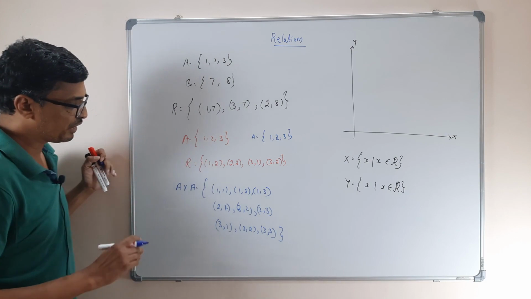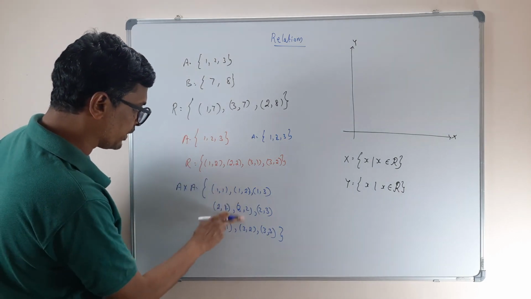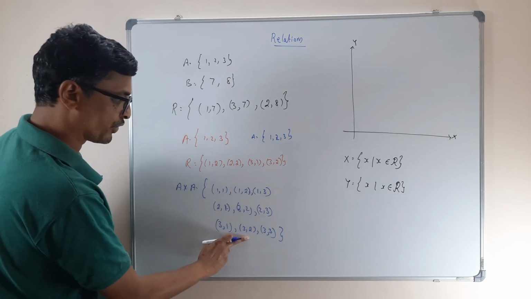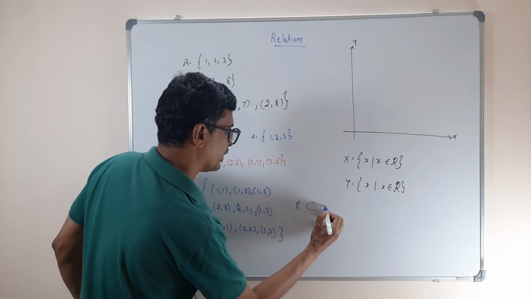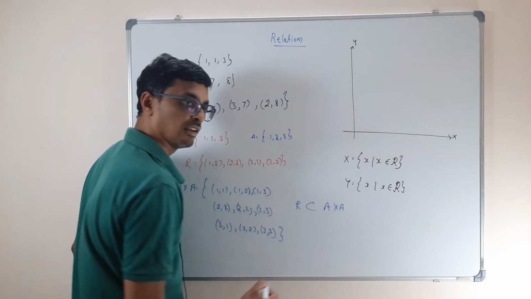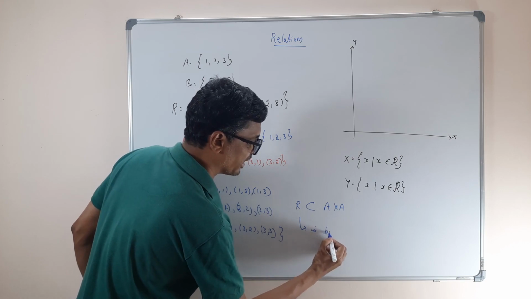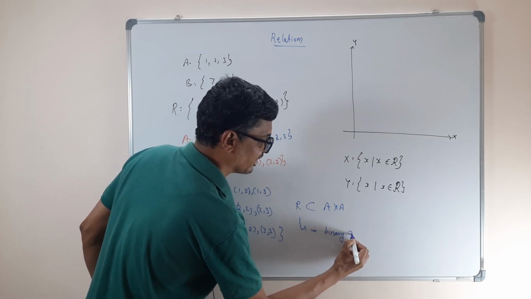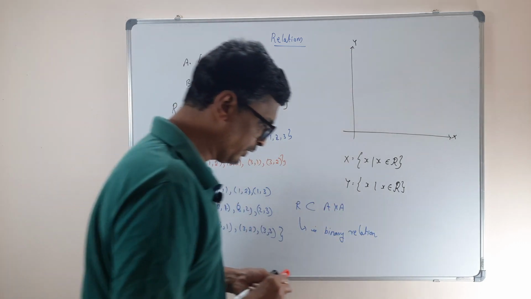Now you can see this R: 1, 2 is here, 2, 2 is here, 3, 1 is here, 3, 2 is also here. So therefore, R is a subset of A cross A. Therefore, R is a binary relation. Got it? Clear?